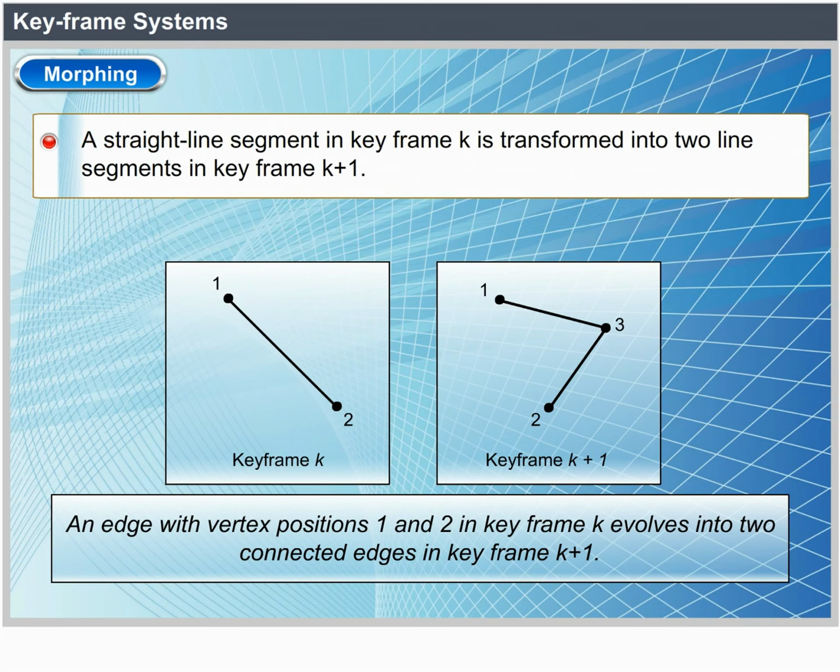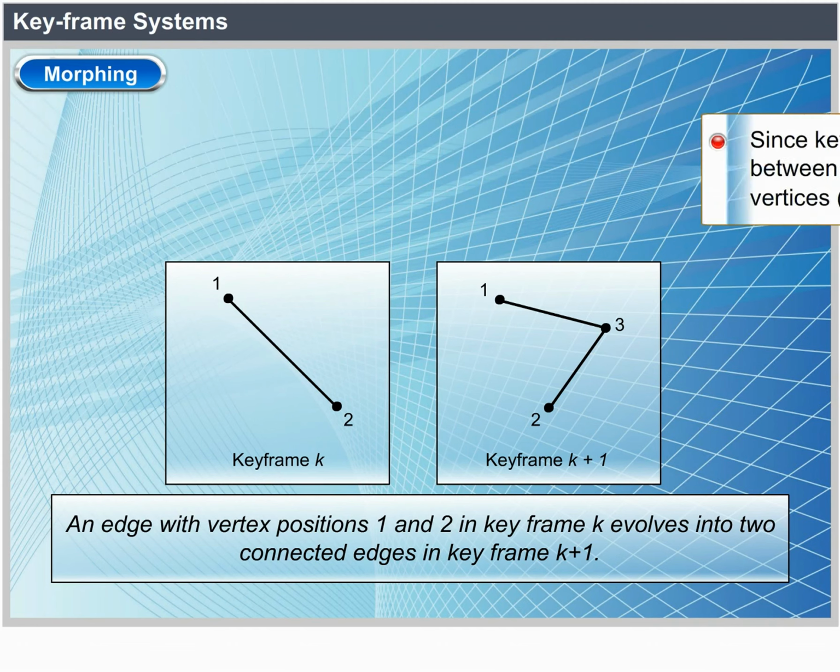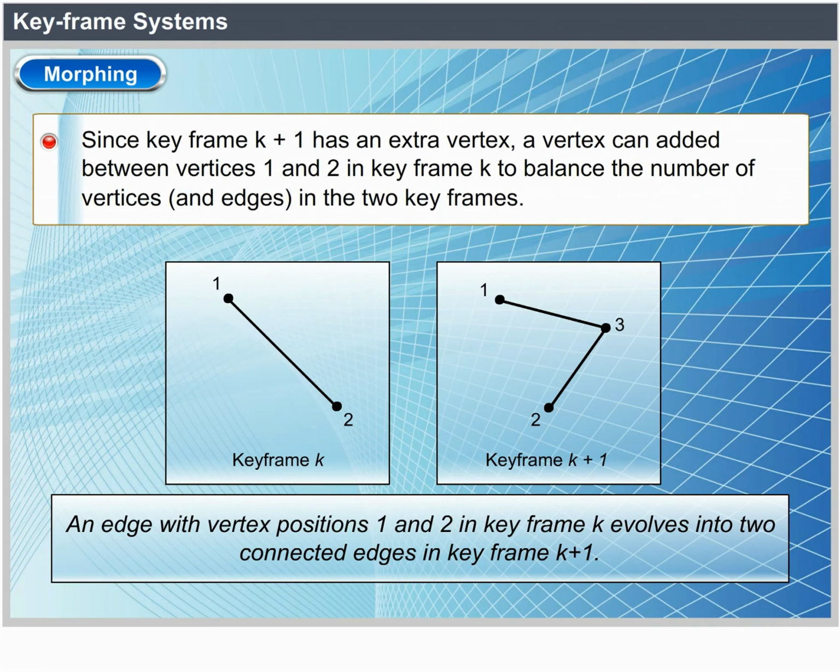A straight line segment in keyframe K is transformed into 2 line segments in keyframe K plus 1. Since keyframe K plus 1 has an extra vertex, we add a vertex between vertices 1 and 2 in keyframe K to balance the number of vertices and edges in the 2 keyframes.